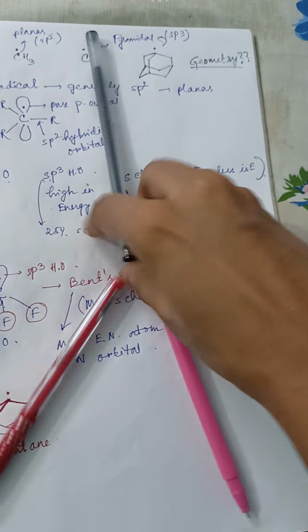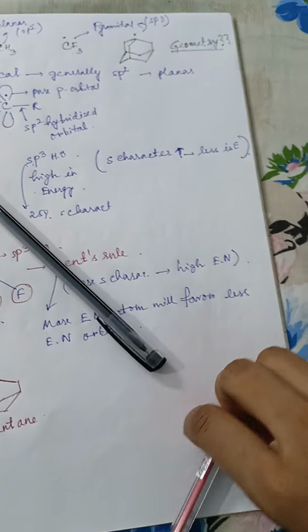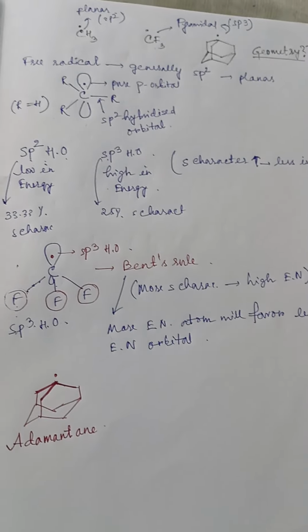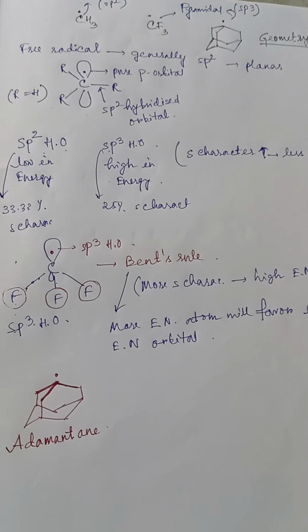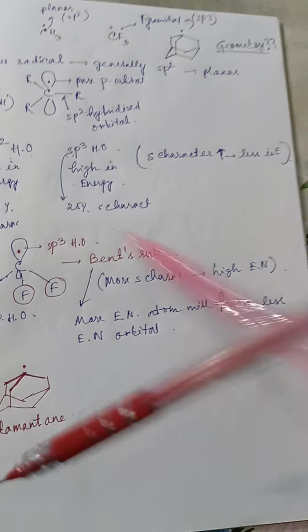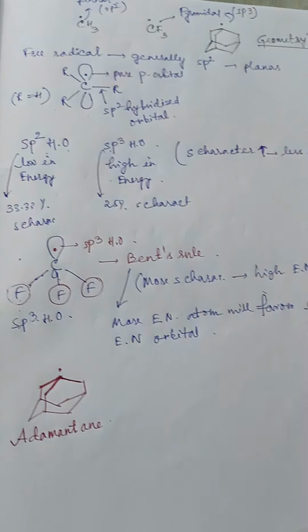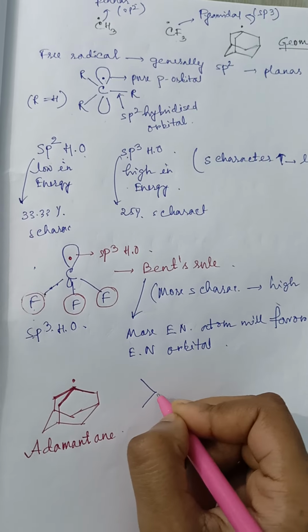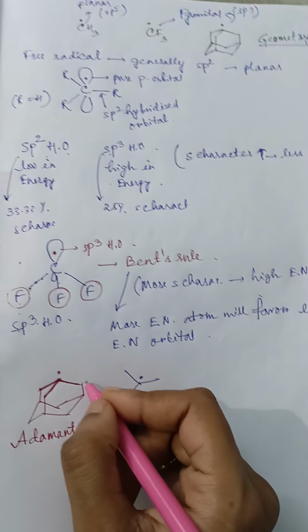They are actually like this. I am not able to show that with one hand, but they can't assume planarity because of this high strain. If they assumed planarity, it would be like this, which is not possible here.